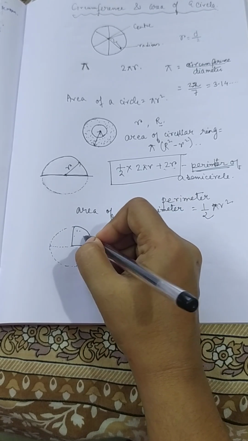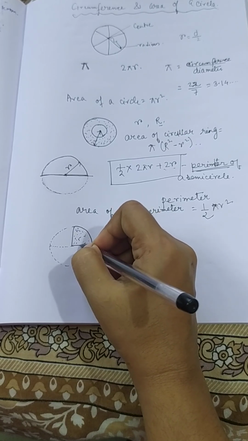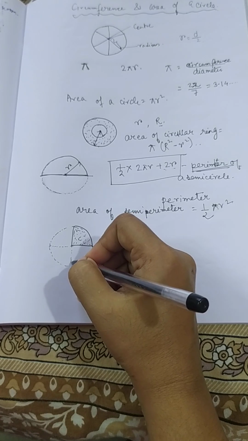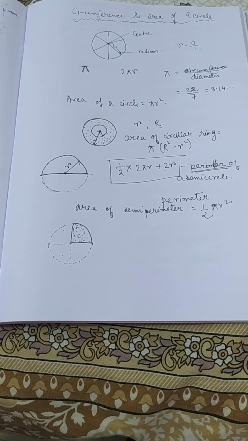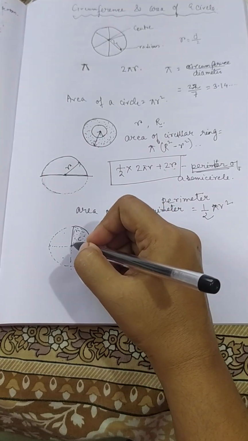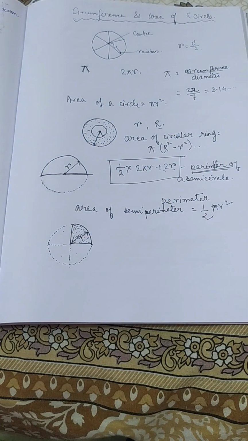We are considering only this part. So it is a quadrant, one part of the 4/4 of a circle. So here also the same radius is there, right?